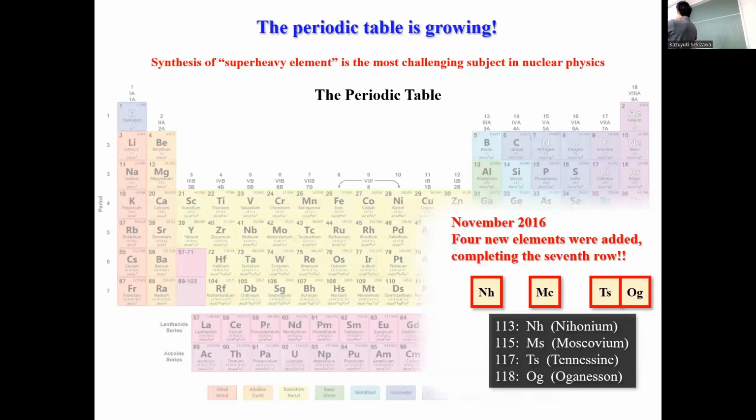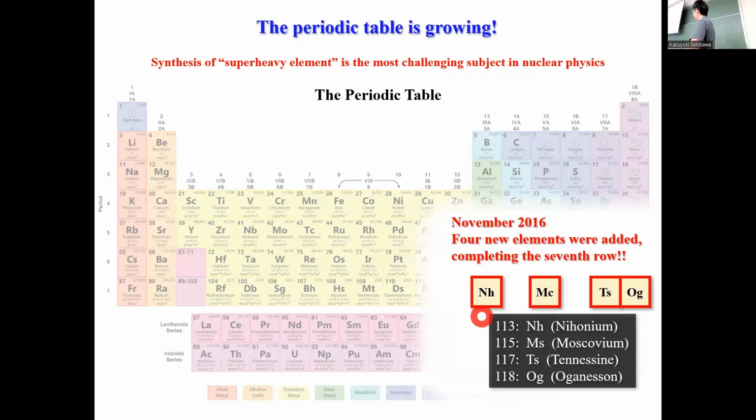Now in November 2016, we have added those four elements: nihonium, moscovium, tennessine, and oganesson.